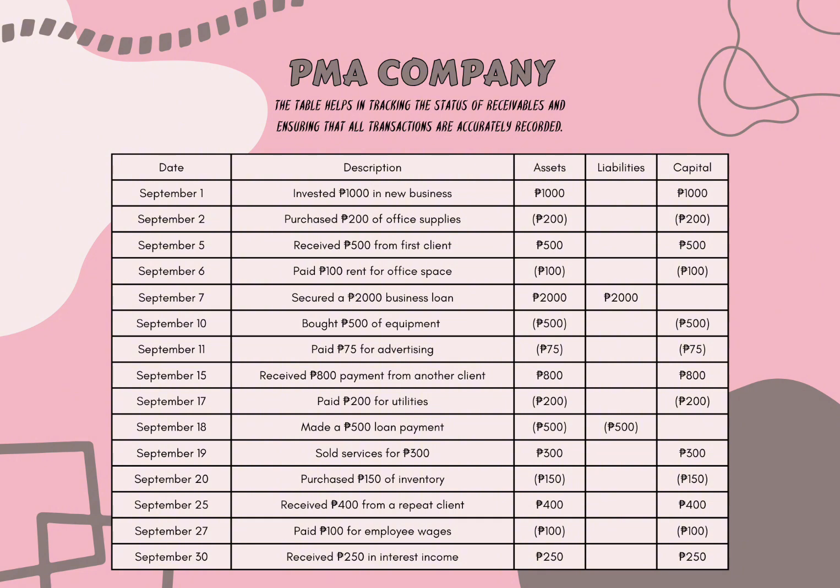Paying 75 pesos for advertising on September 11 decreased assets and also capital. On September 15, the company received 800 pesos from another client, which increased both assets and capital. On September 17, paying 200 pesos for utilities decreased assets and also capital.